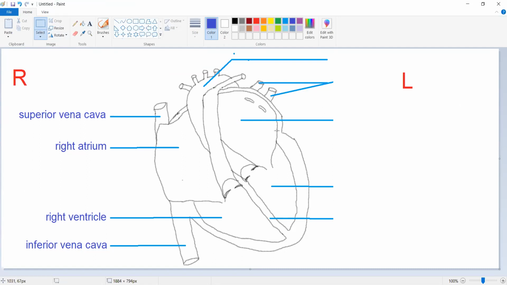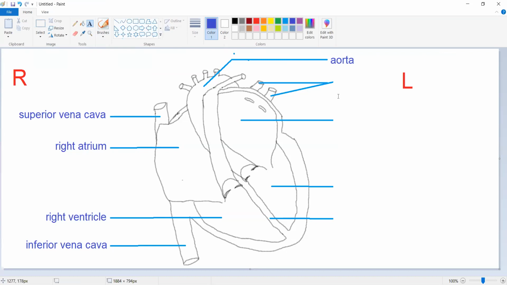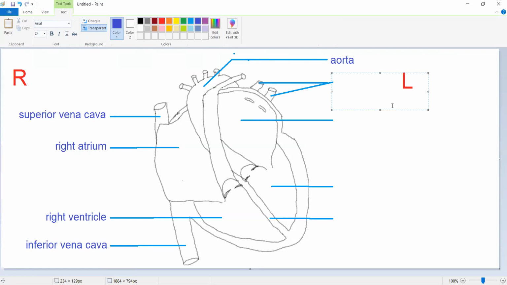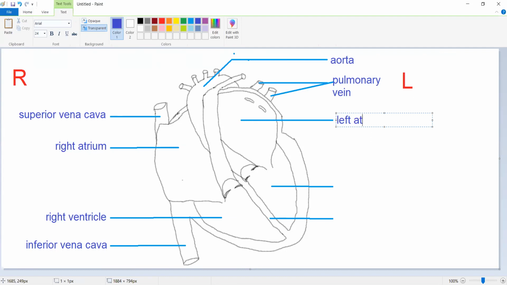Okay, moving on to the left side, let us label aorta, followed by pulmonary vein, next is left atrium, followed by left ventricle.